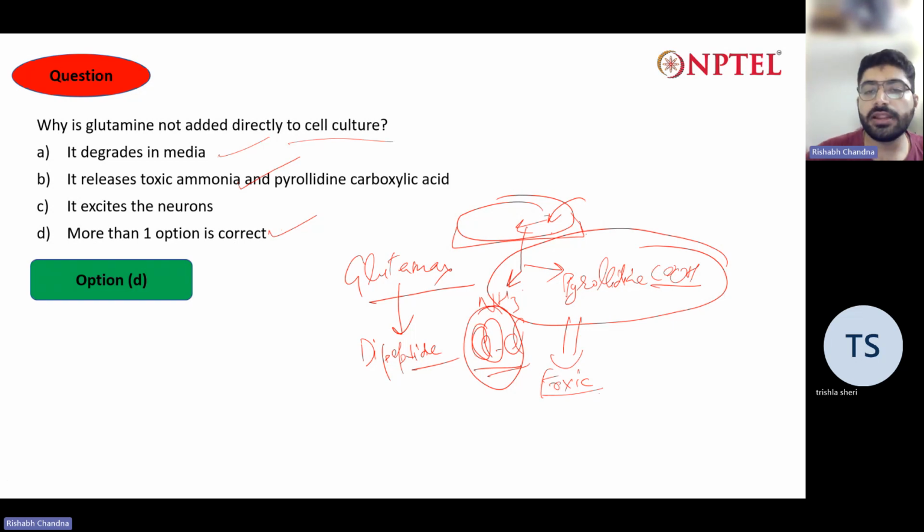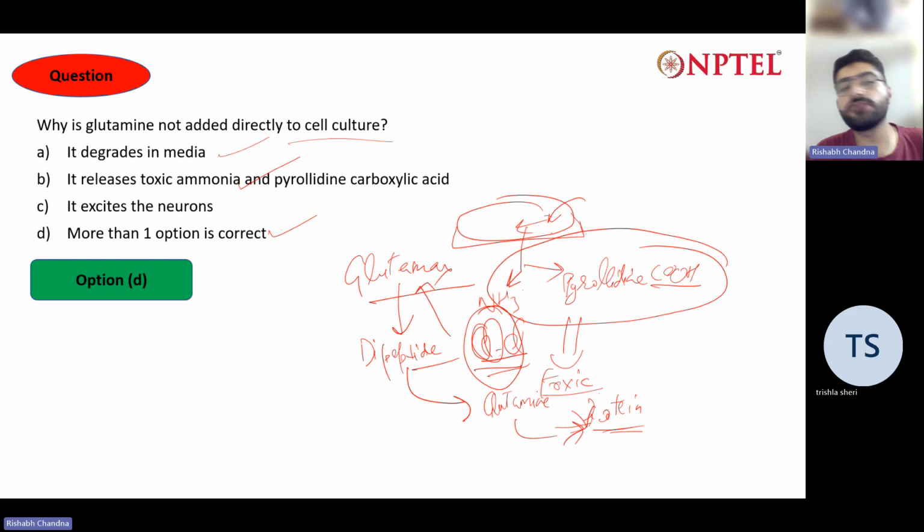So it's a dipeptide, Q and Q. When we add it to a medium, it releases glutamine that is used by the cell. Now, what is glutamine used for? It is used for protein formation as a source of nitrogen. Okay, so this is the basic use of glutamine as GlutaMAX.